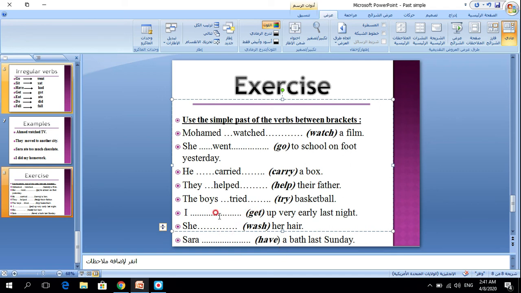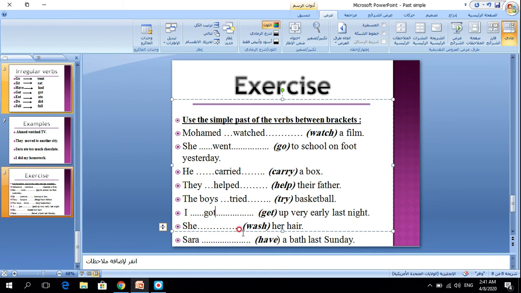Good, this is the past. No, sorry, this is not a regular verb, it is irregular. So we change it into past like this, got. I got up very early last night. So got here is the past of get.